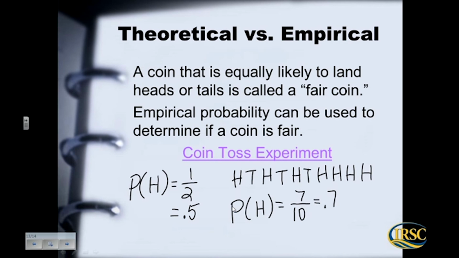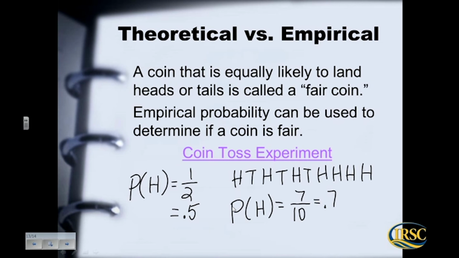Notice that when we do this empirically, when we actually flip the coin, it doesn't quite come out to 0.5. However, me flipping it by hand 10 times, maybe that's not enough flips to tell whether it's a fair coin or not. What's really nice about the website that I had lined up that's not working today is that it flips the coin for me 100 times, then 1,000 times.